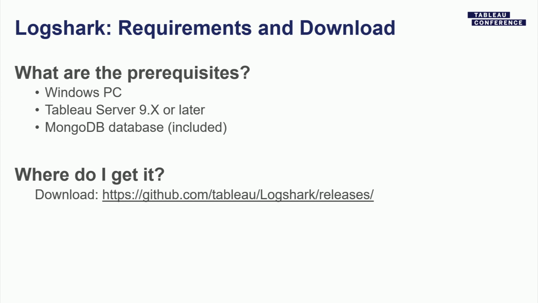One of the big pain points we heard from a lot of the IT admins was they didn't want to have an additional Postgres server to install for this. Well, we heard your feedback, and we've reacted to it, and we're giving you an updated version that no longer requires Postgres, so you can just use Hyper. And as we all know, Hyper is pretty performant, so you should see the benefit of not only the Logshark runs processing much faster, but also the workbooks loading much faster.